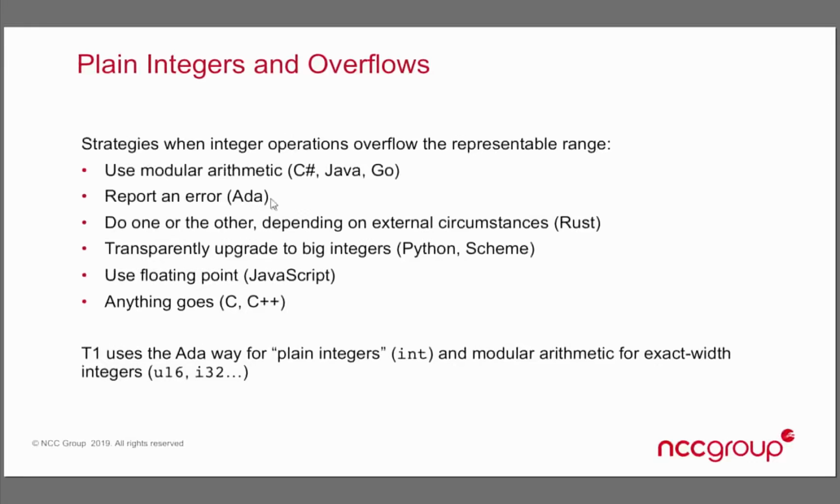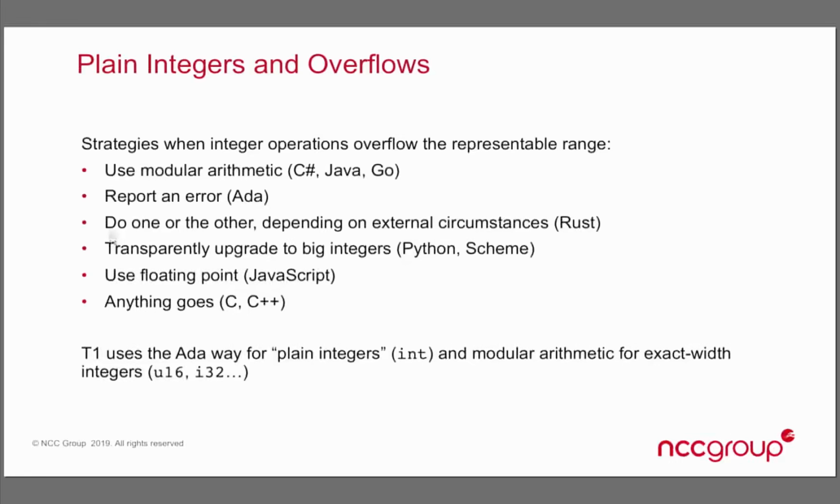In Ada, another language, it throws an exception if you make an overflow. This destroyed the Ariane 5 first flight, the expensive rocket. But usually it's still a good idea. In Rust, you can have both. It depends on whether you compile with or without debug. So, so much for safety.